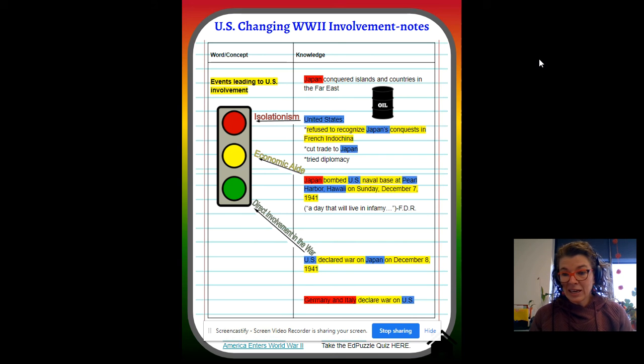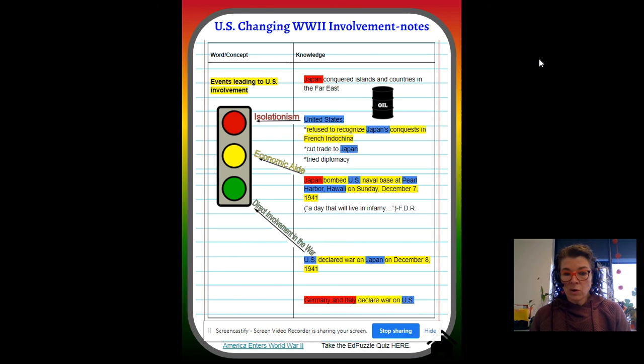And the next day, FDR went on one of his radio addresses, and he addressed the nation saying that this would be a date which would live in infamy, which will be forever. And so we sit here today, and we're still talking about the bombing of Pearl Harbor, and that took us into the war.